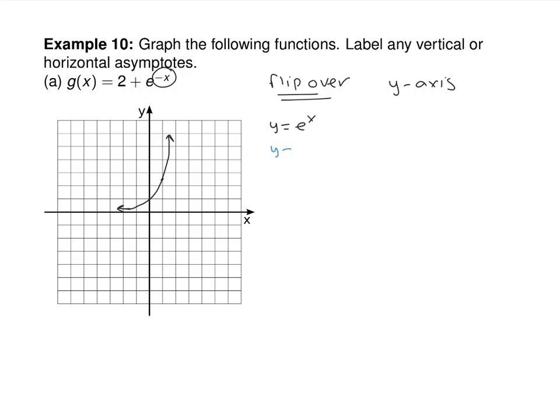Here's what e to the -x looks like. And what does the +2 do to it? Moves it up 2. And so there's a horizontal asymptote at 2.